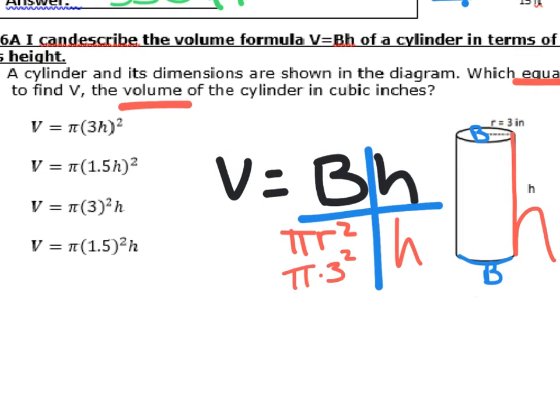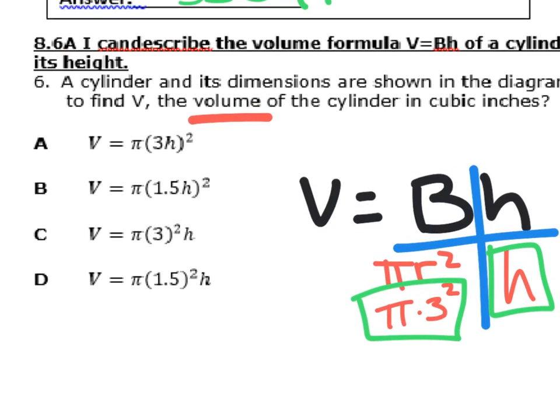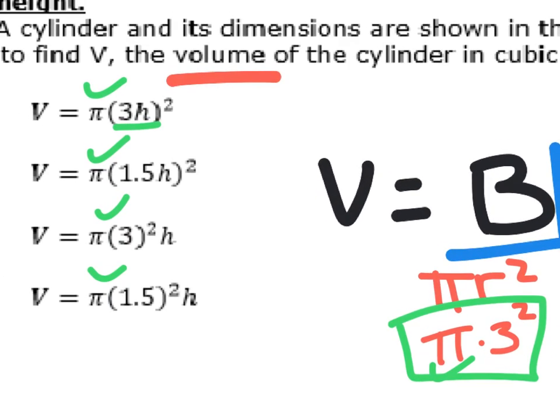Pi times 3 squared times h. So capital B times h. So I'm going to see which formula shows that. So they all have pi, pi, pi, pi, pi. So that part's good. And then we have 3 squared. This one has 3h squared. That doesn't match what I wrote because h doesn't have anything up here. It's not squared. It's just h by itself. So this one's no good.